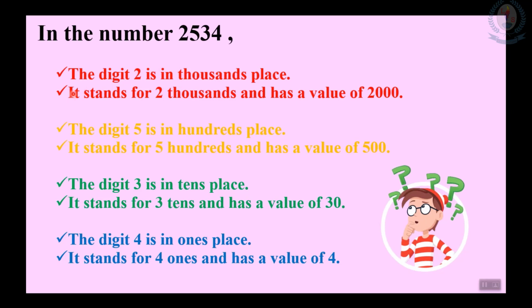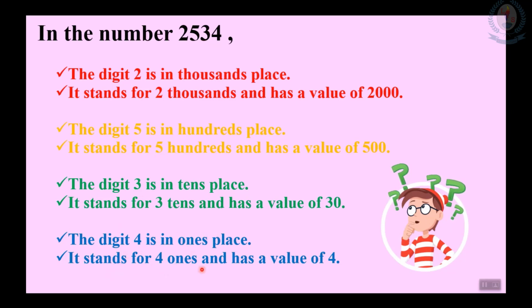Here the digit 2 is in the thousands place. That means it stands for 2000s and has a value of 2000. The digit 5 is in the hundreds place and it stands for 500s and has a value of 500. The digit 3 is in the tens place. It stands for 3 tens and has the value of 30. The digit 4 is in the ones place.